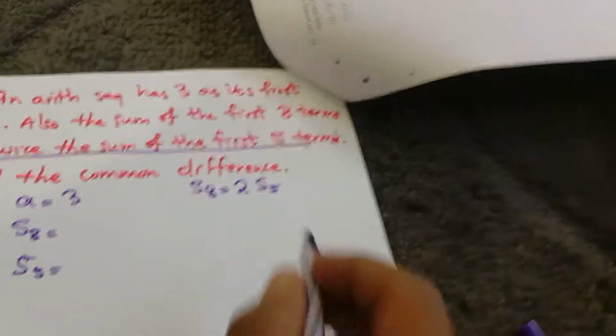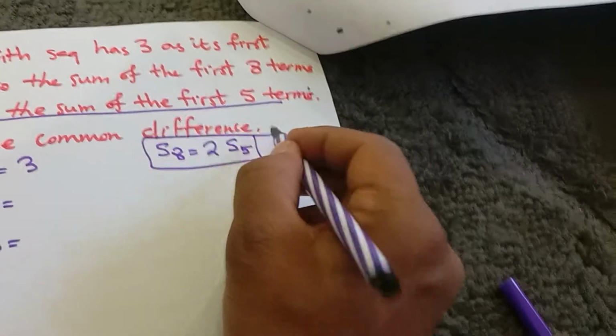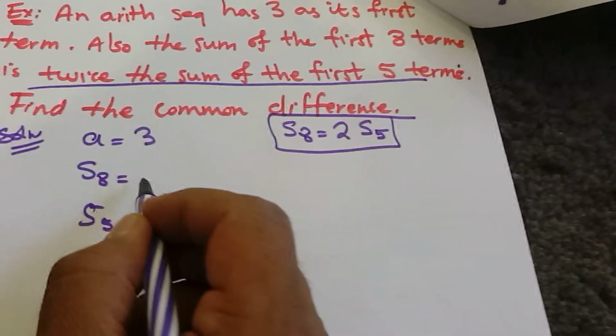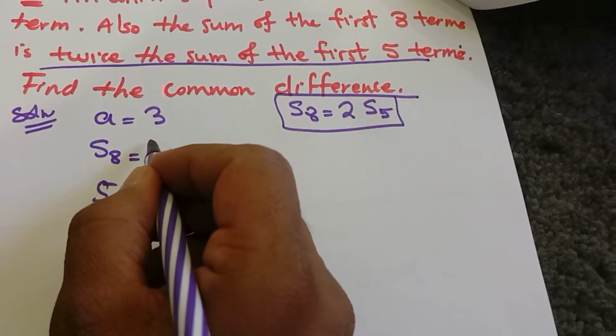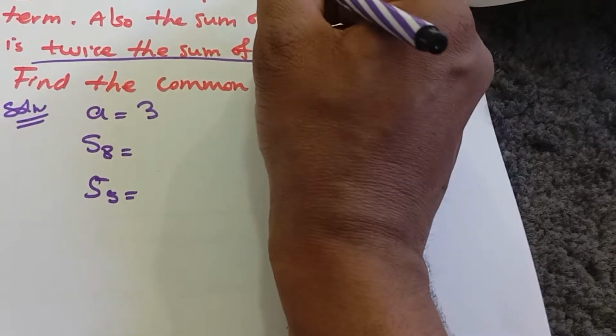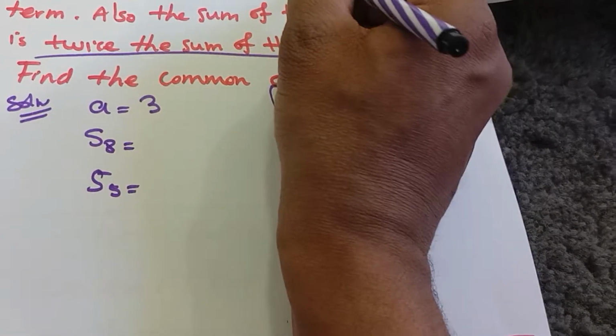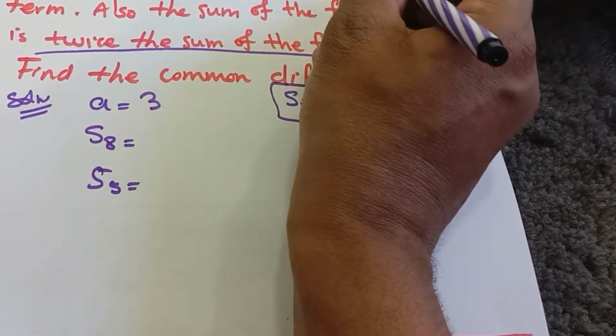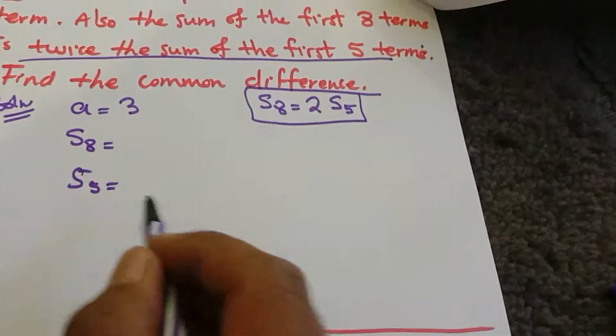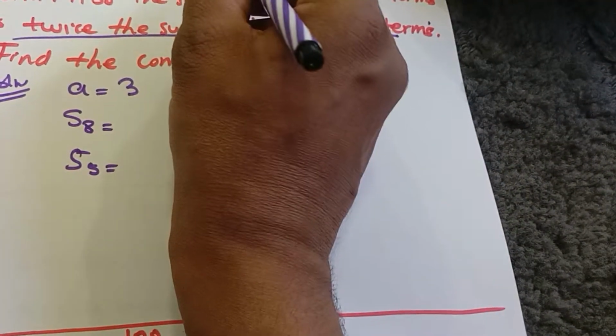That's the equation I got. Now S8 equals, we know the formula, n over 2 times 2a plus n minus 1 times d. This is the sum, this is Sn.